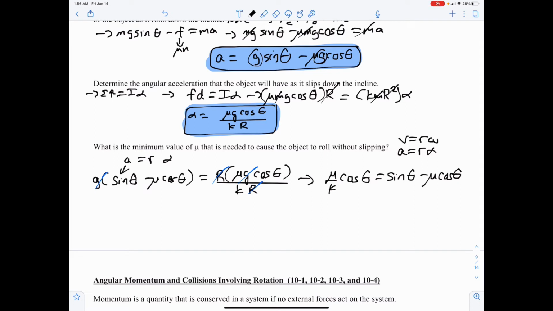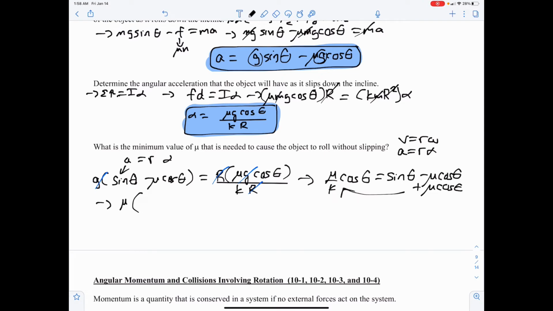All right, and it looks like we're just solving for mu. So to solve for mu, let's bring the mu's together like that, and then I'll factor it out.